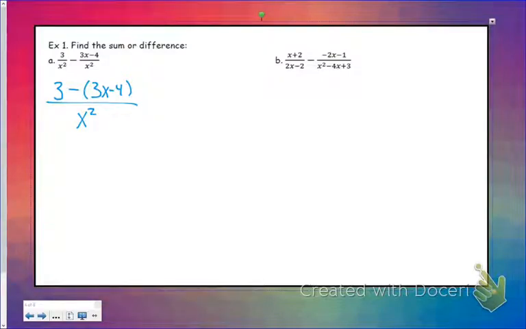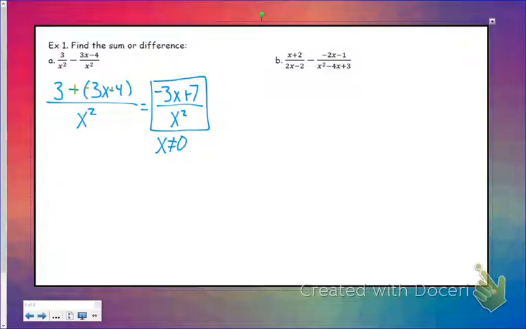So this becomes 3 plus a negative and a positive. Again, both of those need to get that minus on it. So this is going to be negative 3x plus 7 over x squared. We're also going to list our excluded values, and on this one, x is not equal to 0.